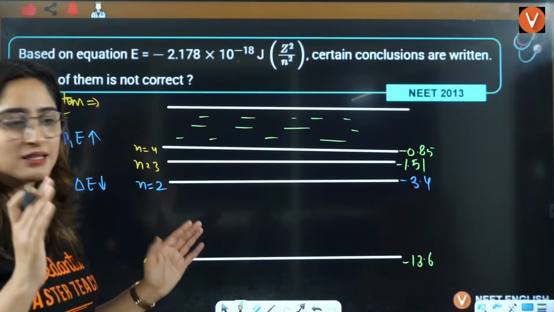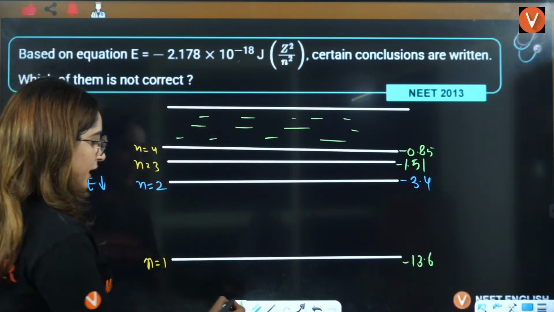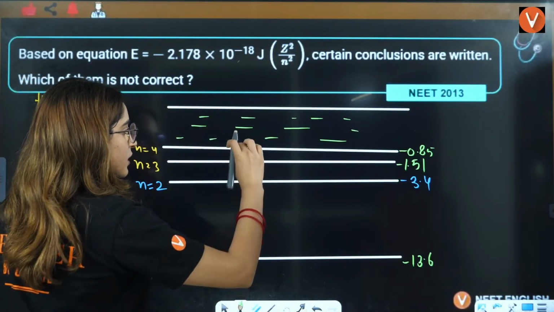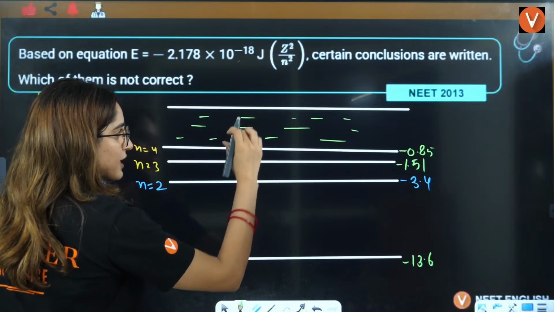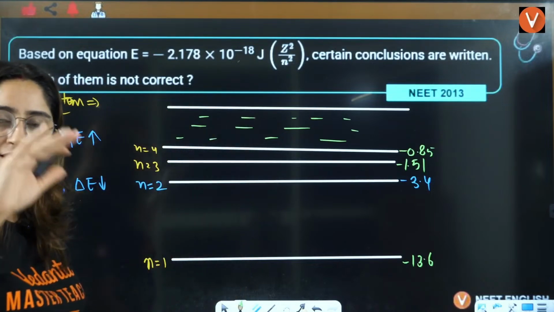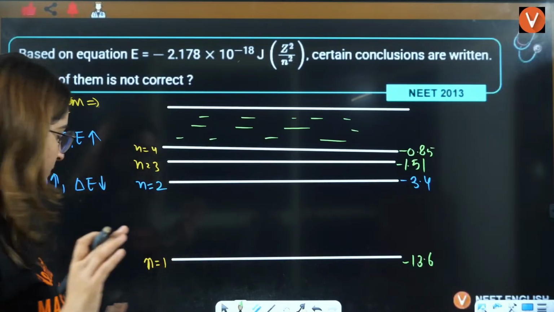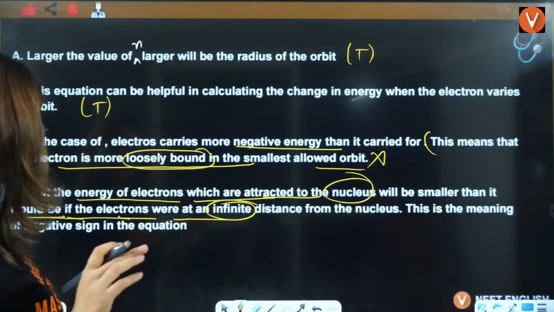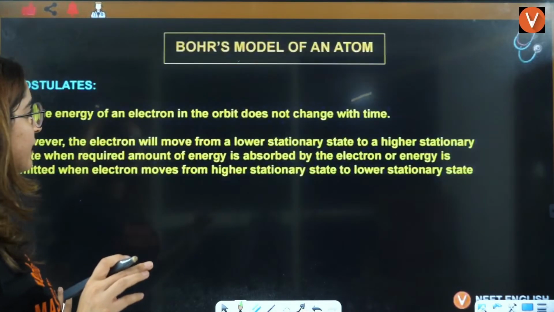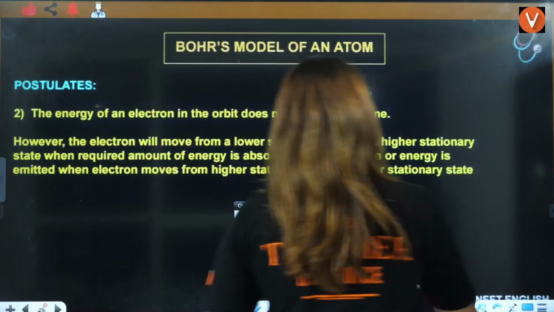That's why we draw it like this: maximum distance, then less, then even less, and the levels start colliding with each other. Yes, everybody, clear now?